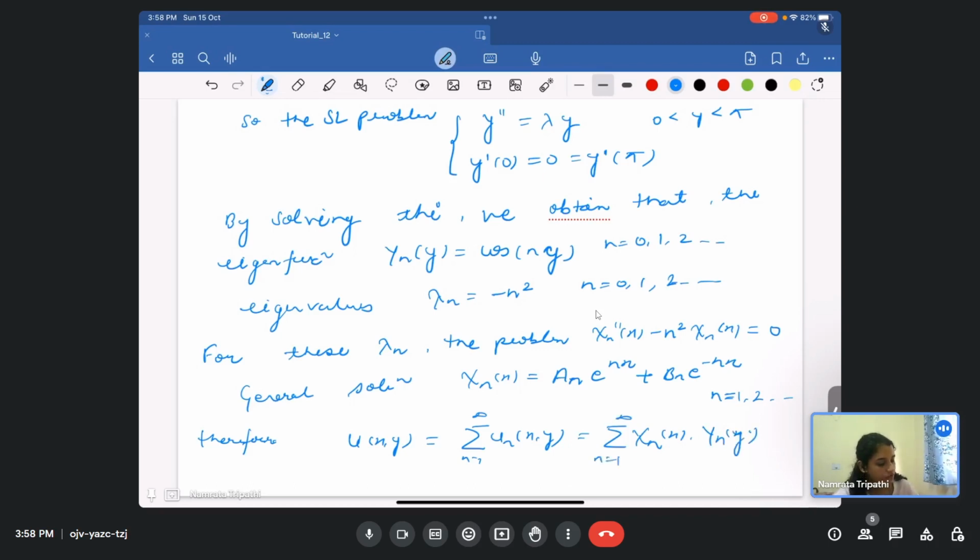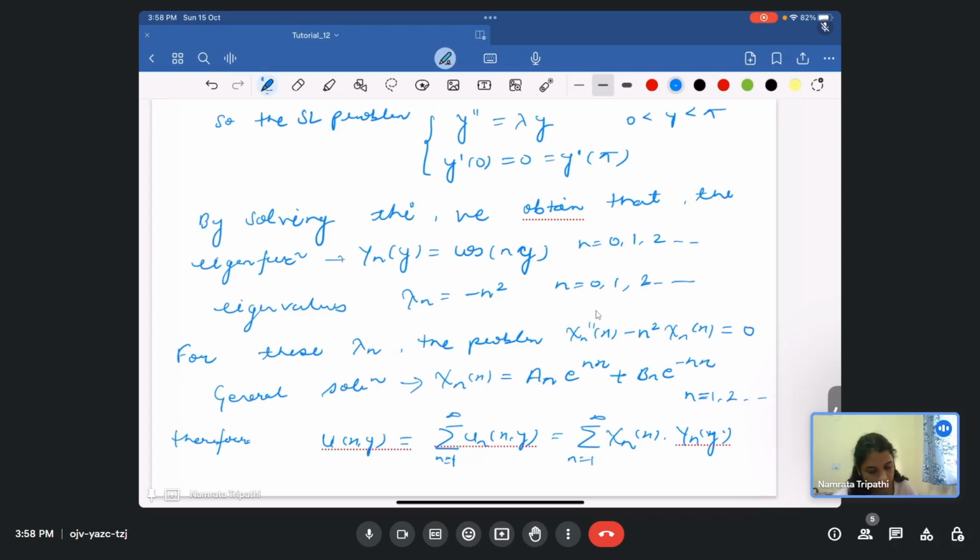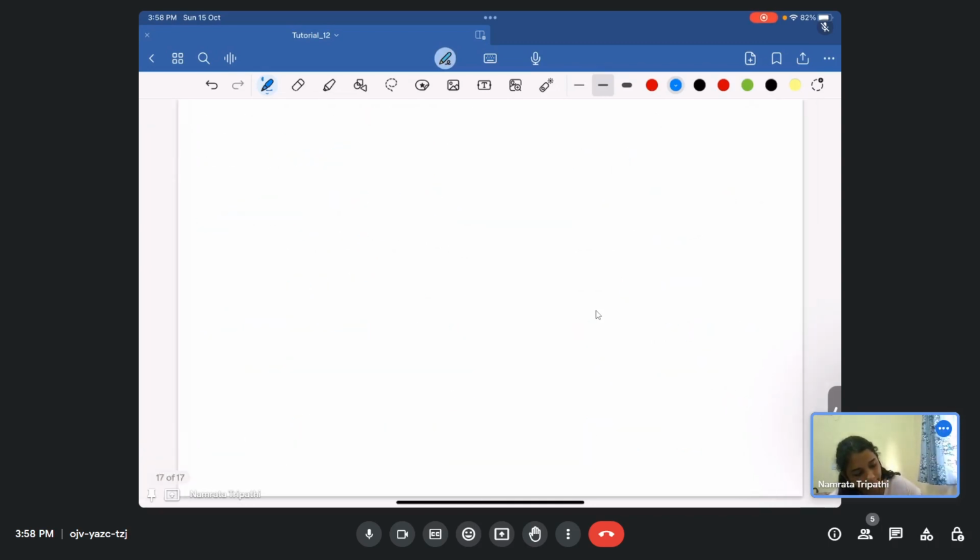Just substitute the value of X_n and Y_n, from here X_n and from here Y_n. Then you will get... Question 1 is quite lengthy, but question 2 is not that lengthy.